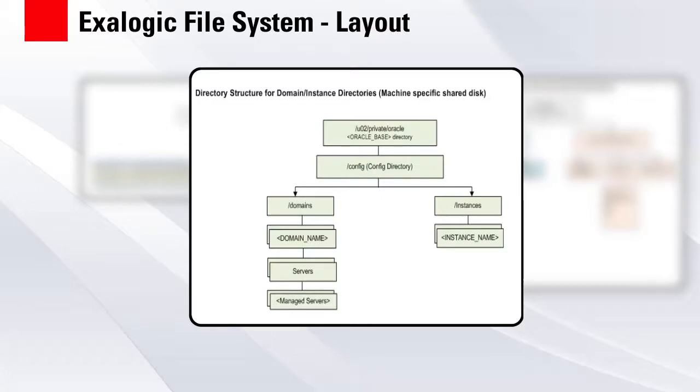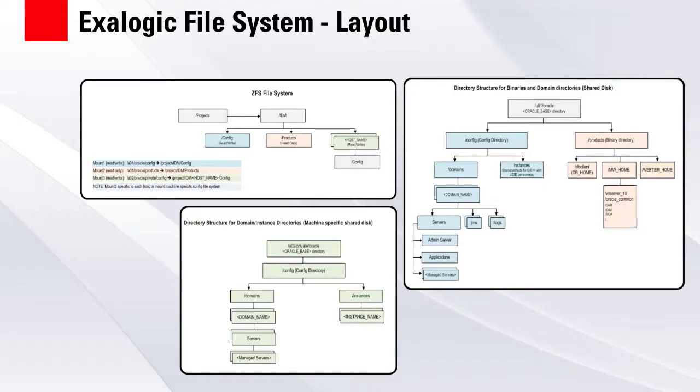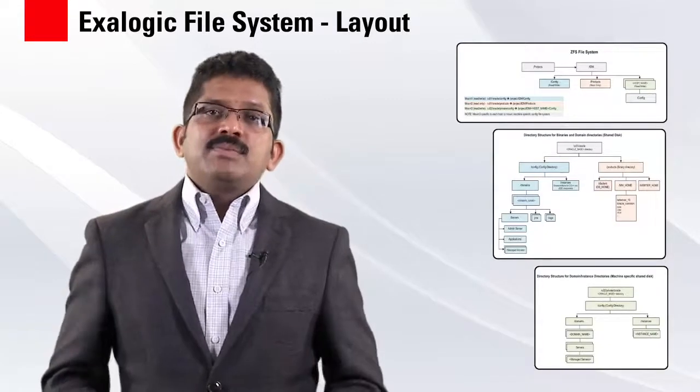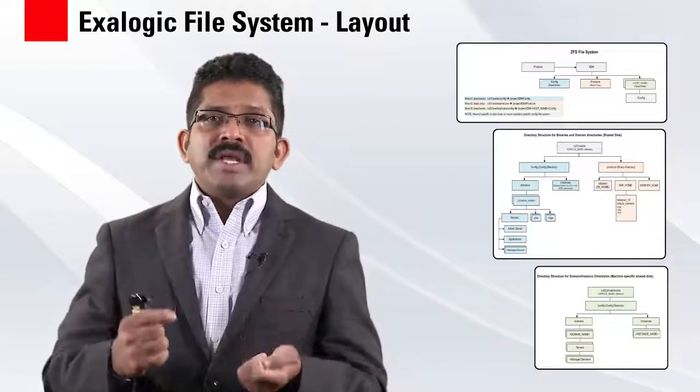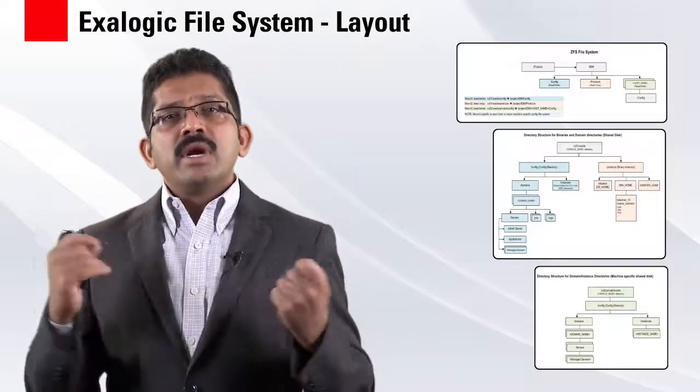And for IDM host 2, you create a similar file system, which is projects IDM host 2. You create that file system on the ZFS and mount it to IDM host 2 only through /u02/local/oracle/config. So what happens is, from the WLS point of view, your application will be running in multiple instances.